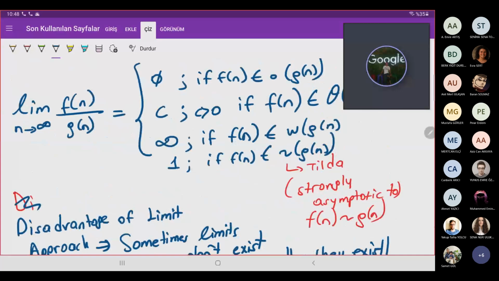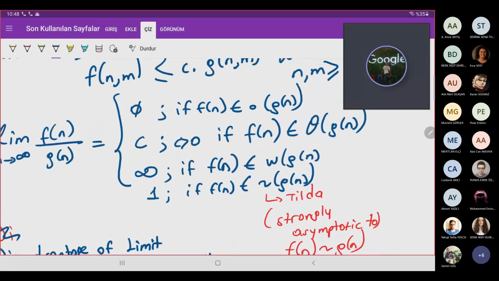That was not the case in the actual class when I used the actual whiteboard. We said that if this ratio is exactly equal to 1, then it's tilde, which is a special case of this theta, okay?